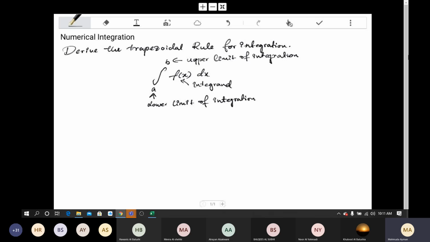Now, to find out the value of the integral approximately, let's draw the function and I'll show it to you.